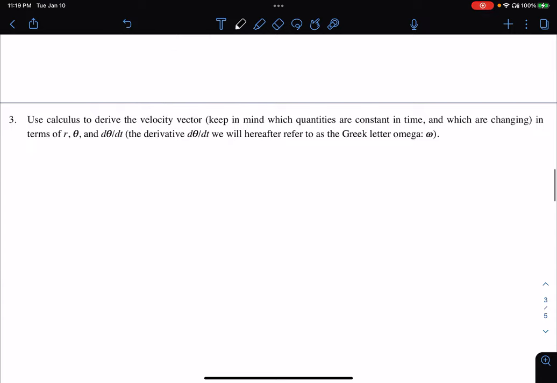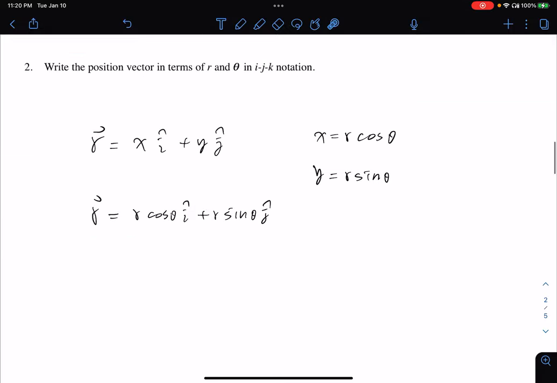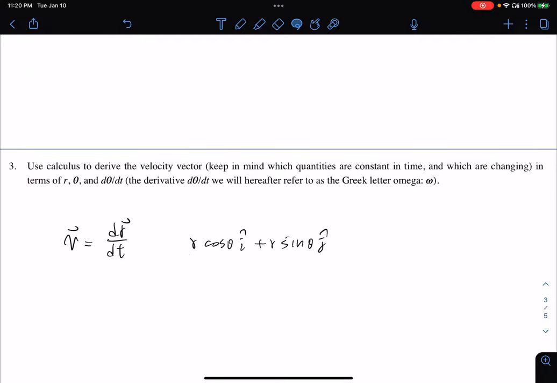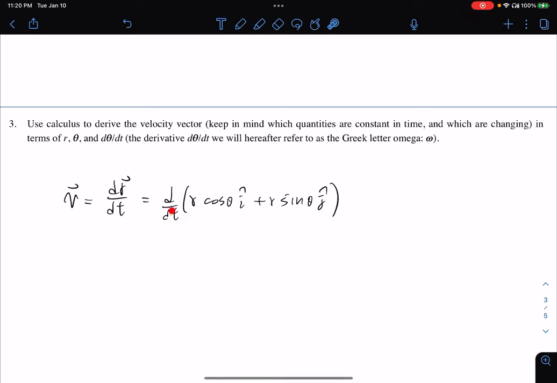Next, we can use the definition of velocity, which is the derivative of position, to get the velocity of this particle. We can just copy what we get here and take a derivative of it. When you have two terms summing together, you can take the derivative of each term independently.